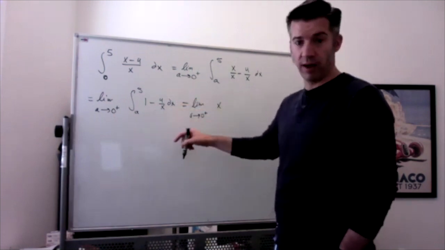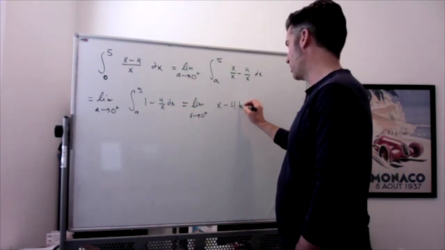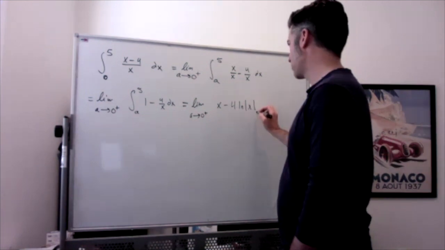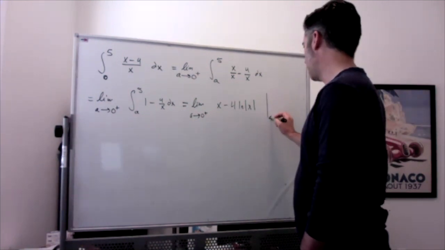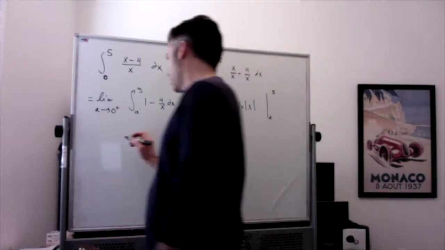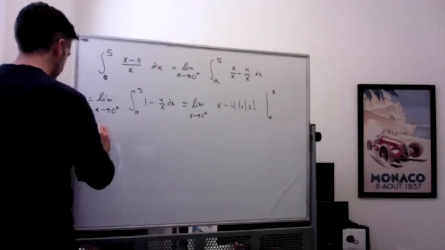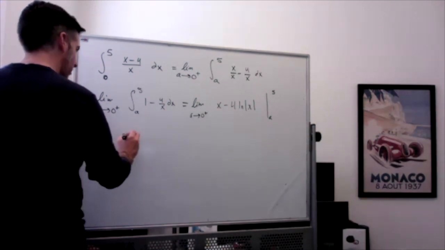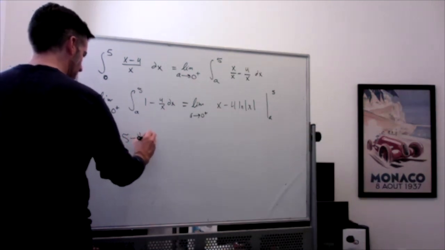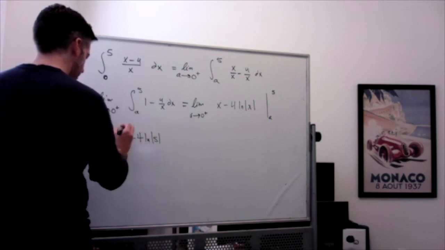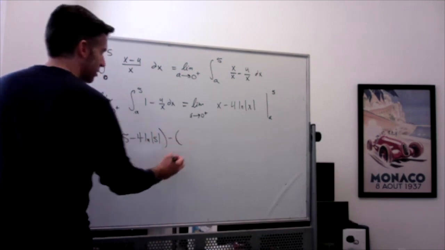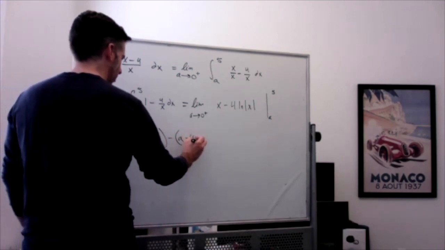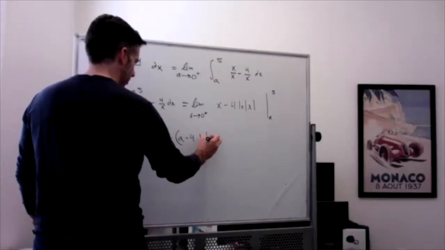The integral of 4 over x is 4 natural log of the absolute value of x. Then we get the limit as a goes to 0 from the right of 5 minus 4 times natural log of the absolute value of 5, minus a minus 4 times the natural log of the absolute value of a.